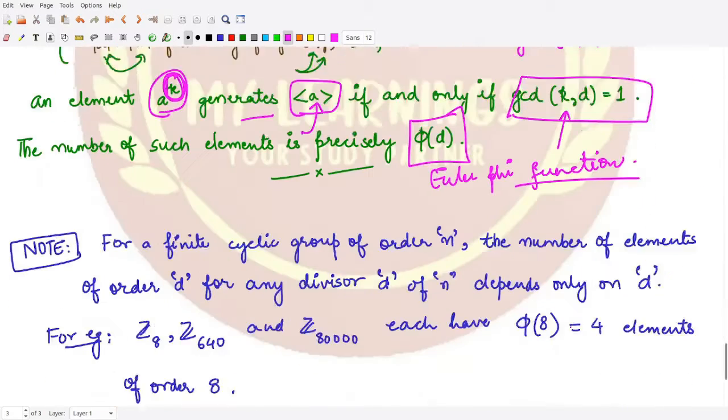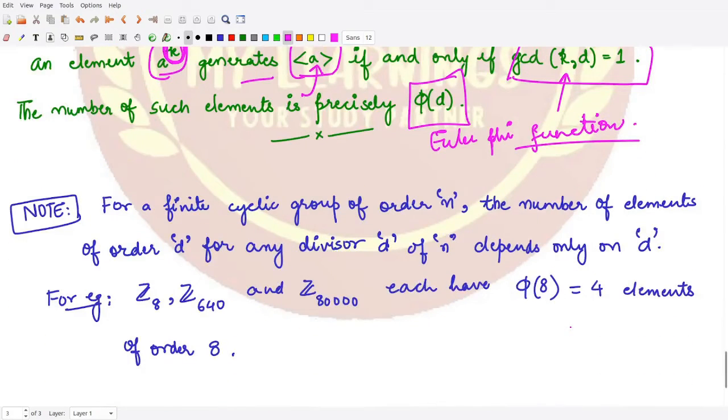Moreover, you could note here that until now we were only talking about finite cyclic groups.